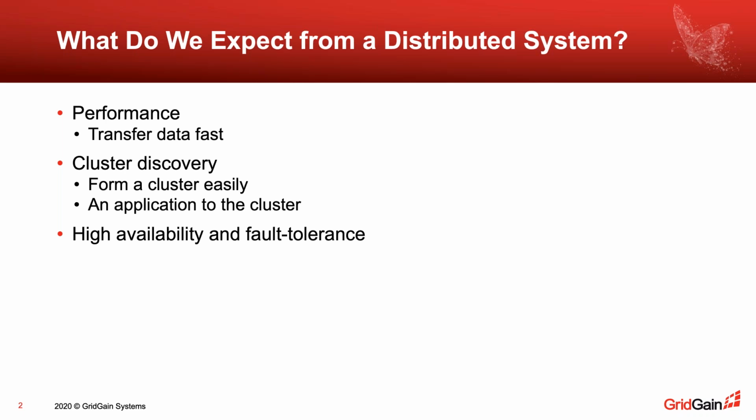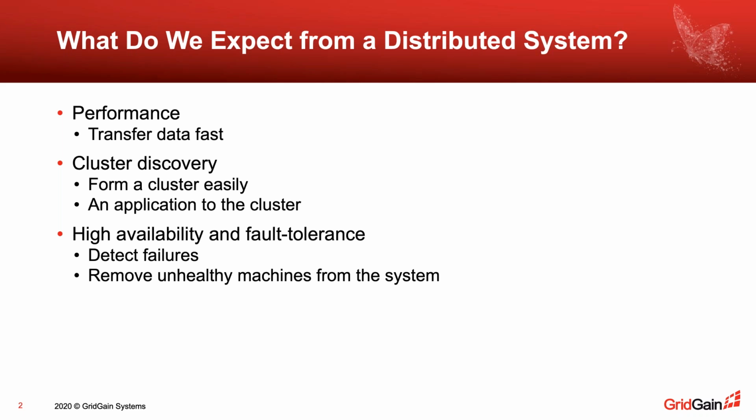And last but not least, we need our distributed system to be highly available and fault tolerant, which means that we need to be able to detect failing nodes, and we need to be able to remove failing nodes from the cluster so that the system stays healthy, and we get our high availability from redundancy, from having a lot of nodes, and from being able to remove the unhealthy ones without impacting the overall system performance.